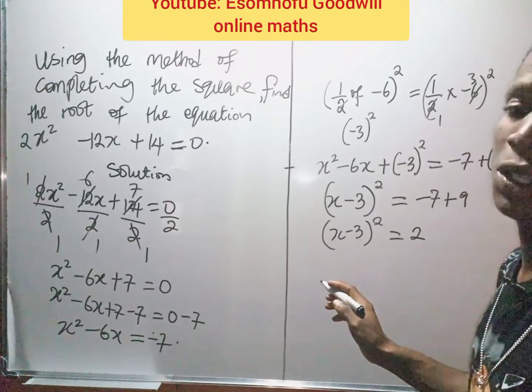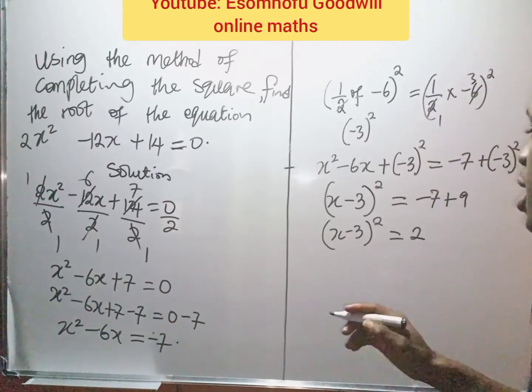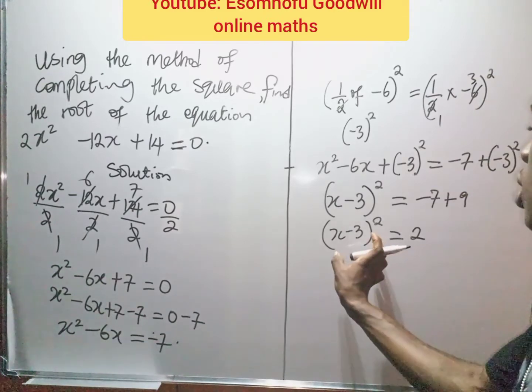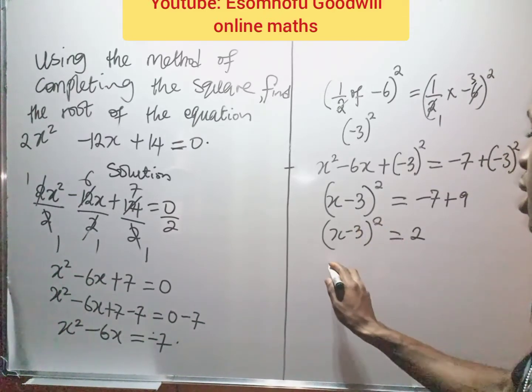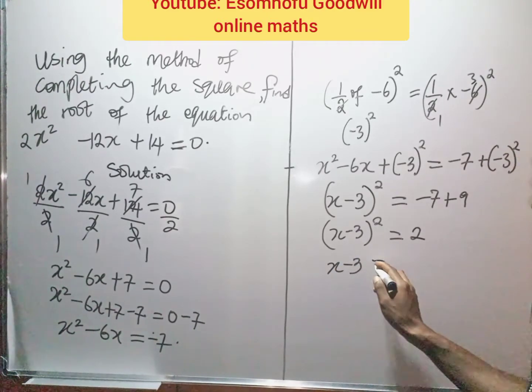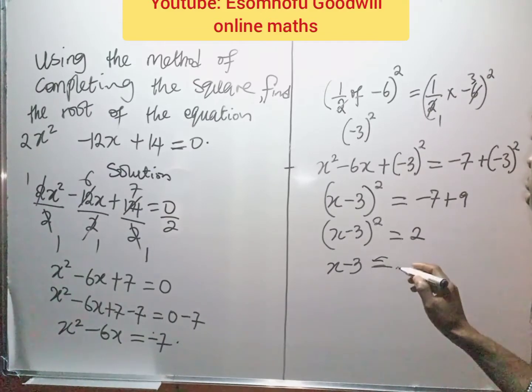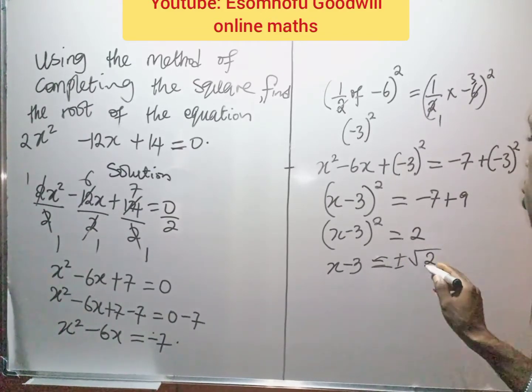At this point, to simplify this, we need to take the square root of both sides. Taking the square root of x minus 3 all squared is the same thing as x minus 3, and it is equal to plus or minus the square root of 2.